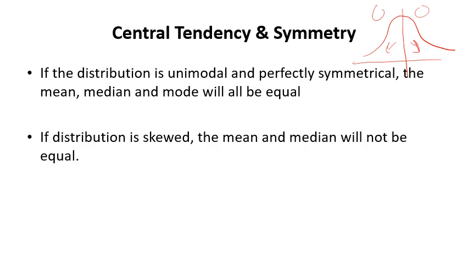However, if your distribution is skewed one way or another, which we'll look at in just a little bit, then your median is going to tend to be more towards where the bulk of the scores are, whereas your mean is going to be pulled towards the tail in a skewed distribution. So the mean and median will not be equal in a skewed distribution.